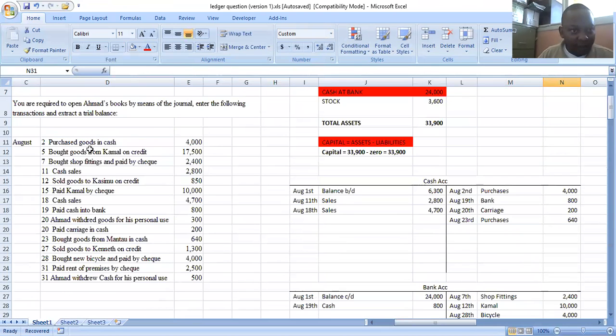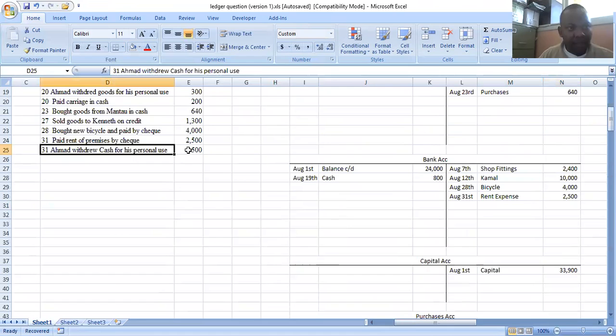Then we proceed further. On 31st of August, Ahmad withdrew cash for his personal use. So the two accounts here are cash account and drawings account. Drawings is a deduction in capital. Whenever capital is declining, we're supposed to debit. So debit drawings account, and then credit cash account because cash account is going down.